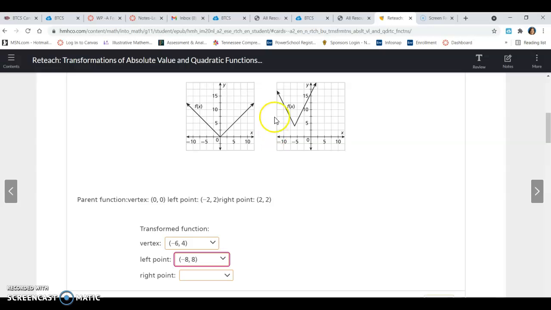It's kind of hard to look at on the graph here, but these are going by 2.5. So you can see that's negative 5, that's negative 10. So we're just kind of guessing at that left point there.